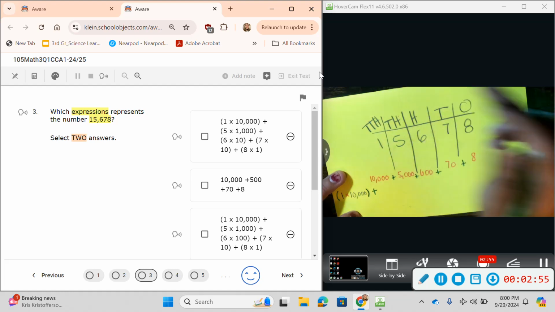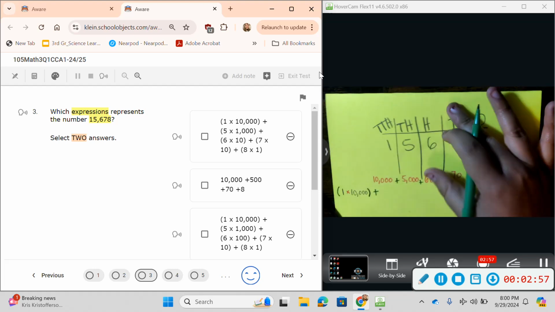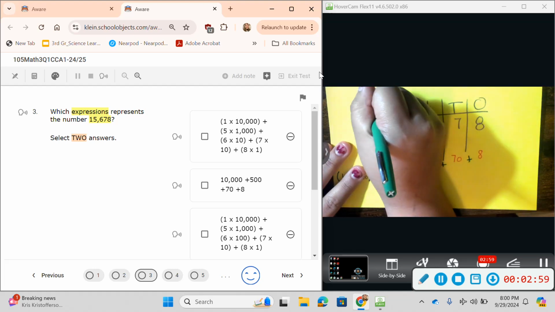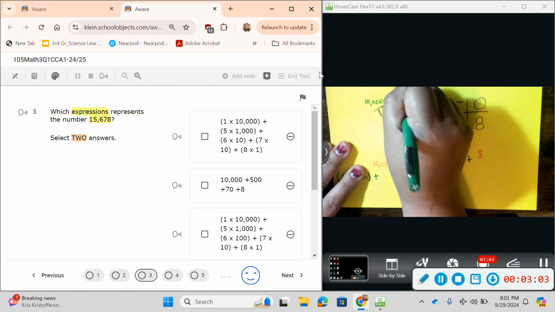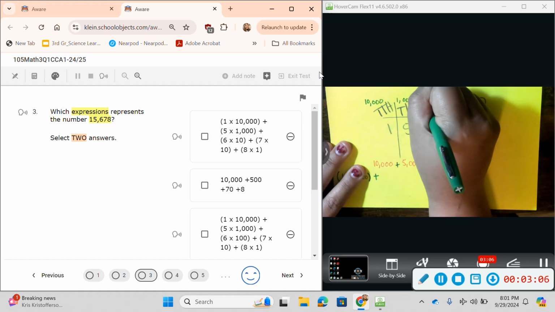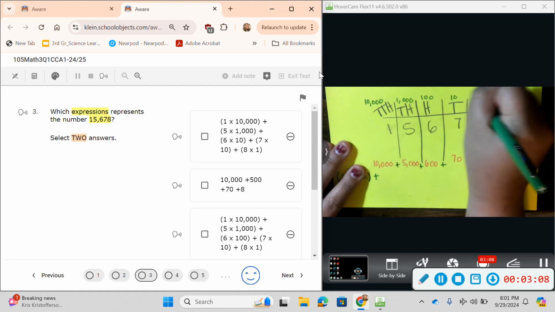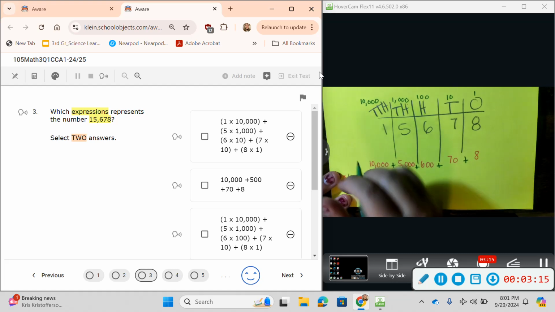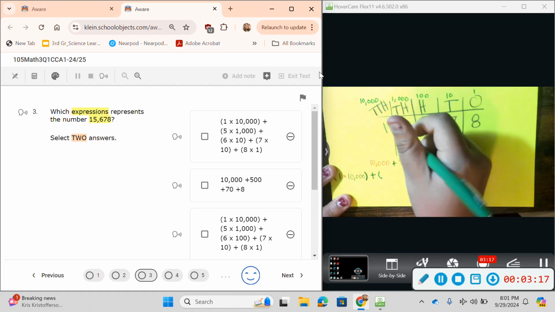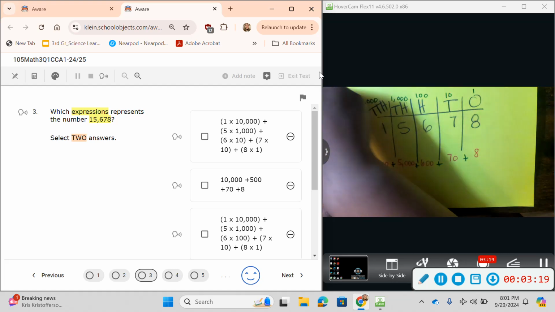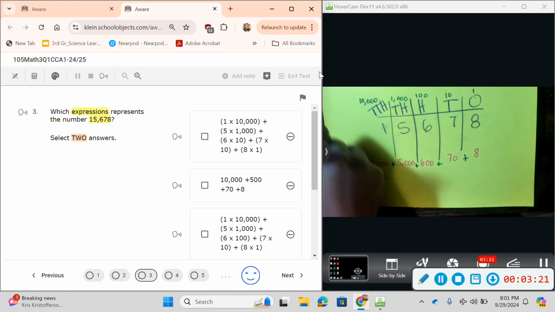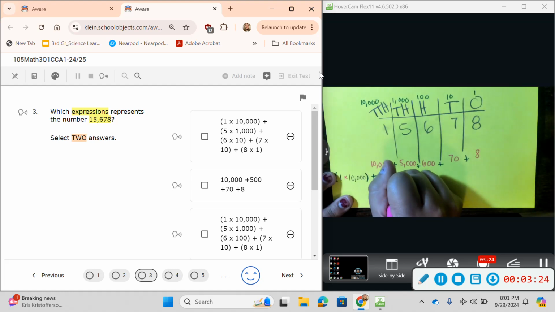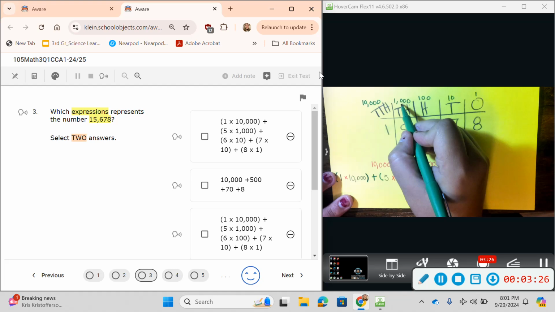So if you have a hard time figuring out the value of each place value, you can actually write it at the top. So 10,000, 1,000, 100, 10, 1. So it'll be easier for you to understand and to identify the value of the place value. So parenthesis, we have the digit 5 multiplied by the place value of 1,000.